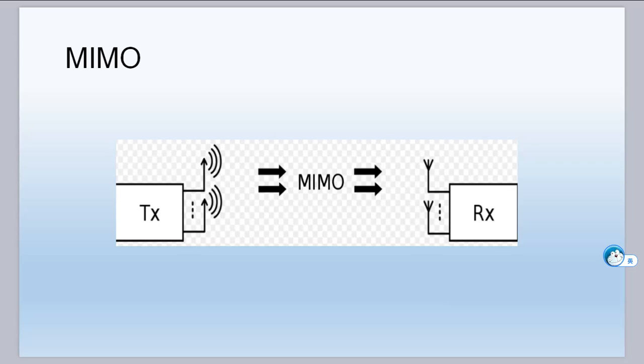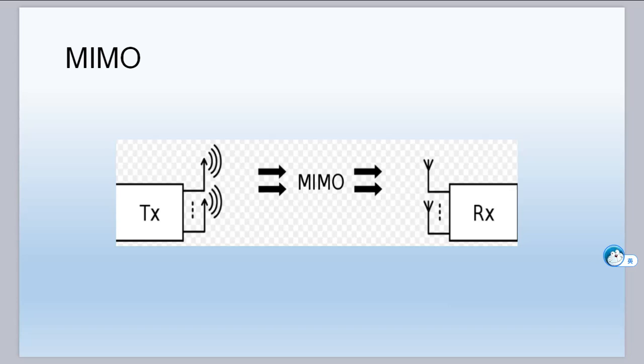And in mathematical terms, if I only use 1 transmitting antenna and I have n receiving antennas, the transmitted signal will pass through n different paths because there are n receivers. So I assume that the fading in each path is independent.